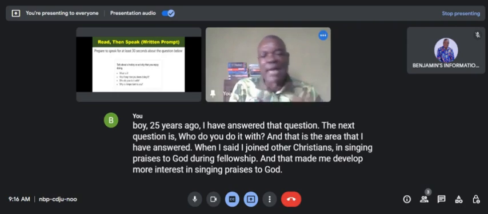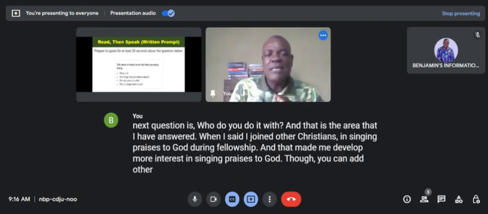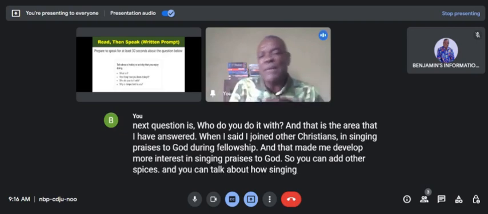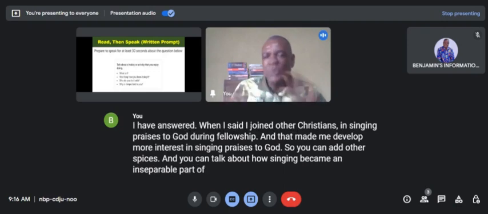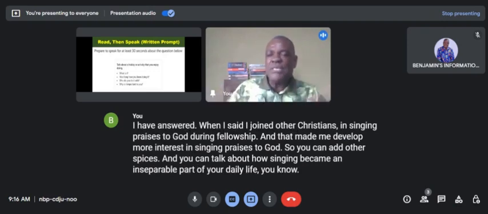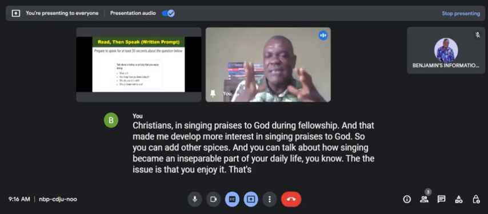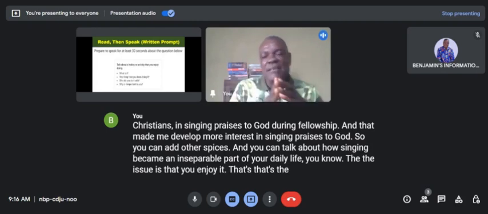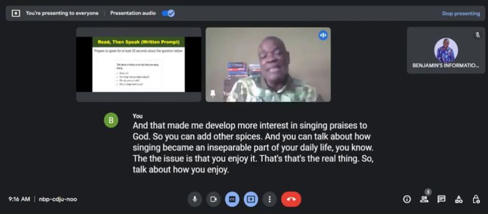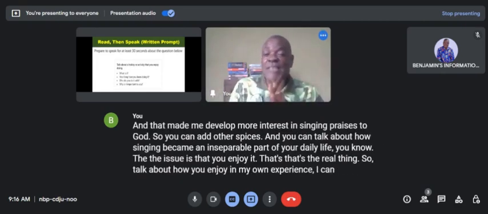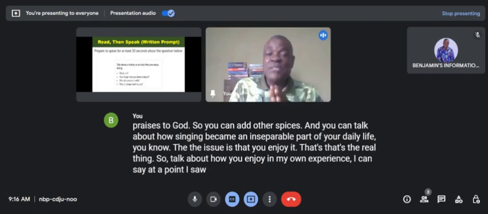So you can add other spices and you can talk about how singing became an inseparable part of your daily life. You know, the issue is that you enjoy it. That's the real thing. So talk about how you enjoy it. In my own experience, I can say at a point, I saw myself singing new songs that I didn't sit down to compose.